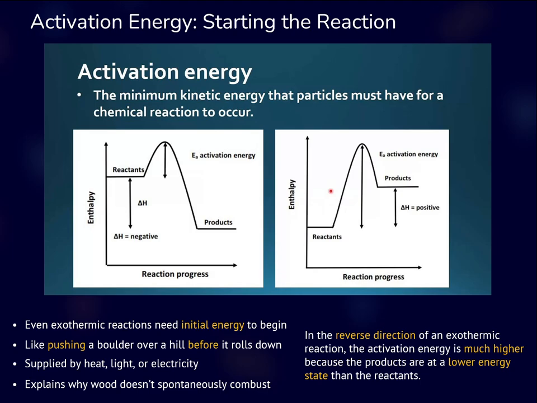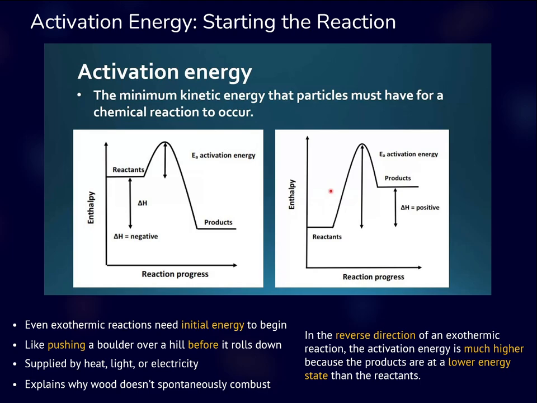Even in an exothermic reaction, like burning magnesium or lighting a firework, the process doesn't start on its own. It needs a push. We call this push activation energy. Activation energy is the minimum energy required to start a reaction. Think of it like pushing a boulder over a hill. After you get over that hill, gravity, or in this case an energy release, takes over.